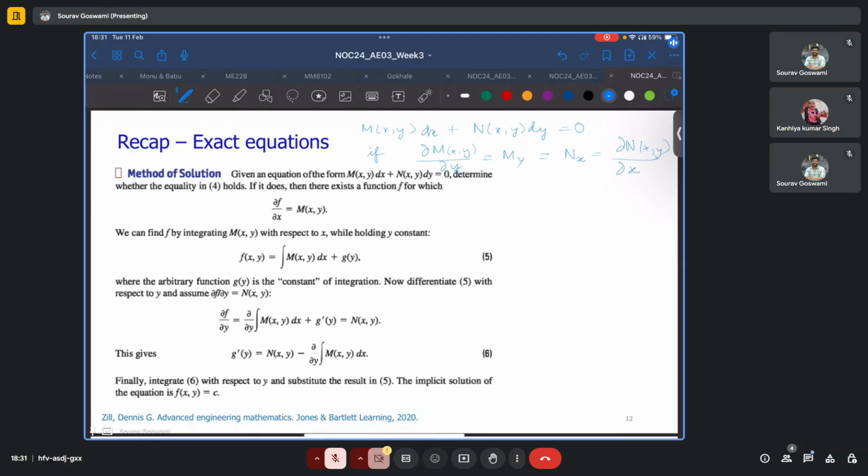If the equation given to us fits this form, then this is the standard method of solution provided to us.